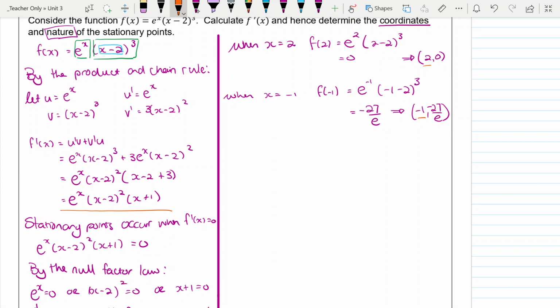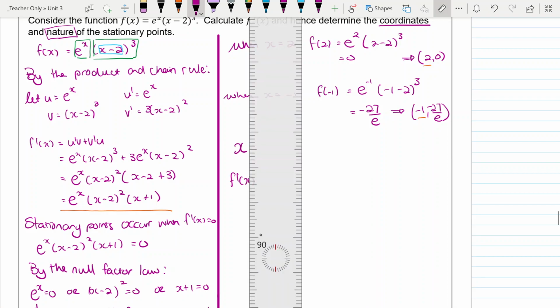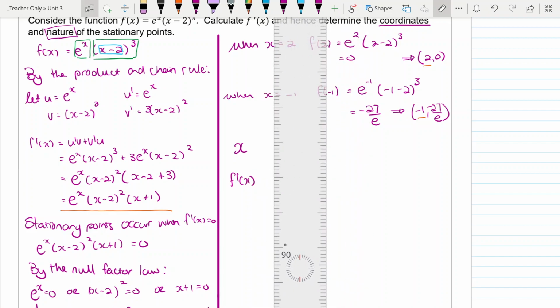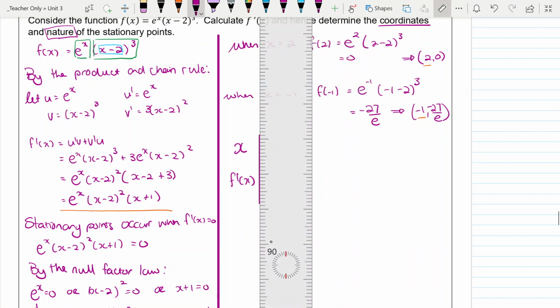So I'm going to pick a value less than -1, something between -1 and 2, and something greater than 2. Generally, I don't pick 0 because often in graphs there are various things happening around 0. So I'm going to draw my little table, and what I'm going to be looking at is what the derivative is doing at each of those points.